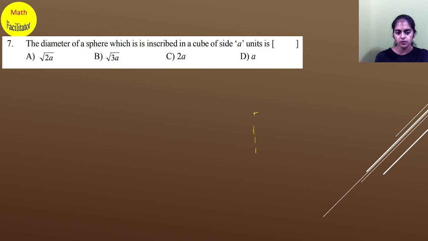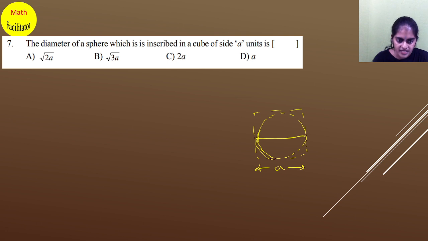Next question, the diameter of a sphere which is inscribed in a cube. So you have a cube. I'm drawing one of the faces of the cube. Now you have a sphere which is inscribed in the cube, meaning you have a sphere which is inside the cube. So cube side is A units. Now the diameter, see, this is the diameter of the sphere. So this is equal to the side of the cube.